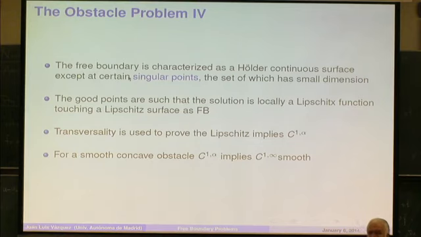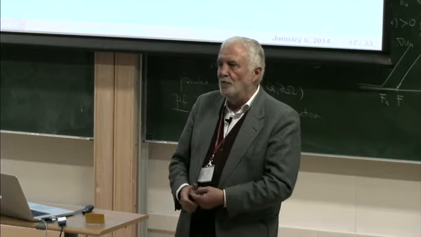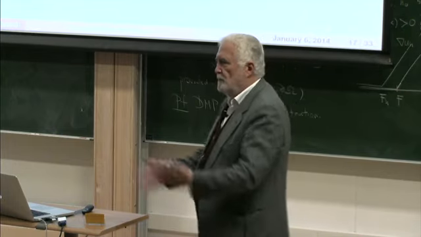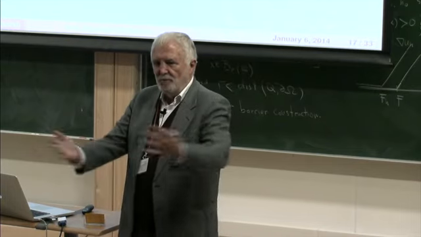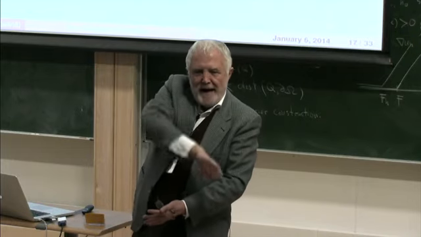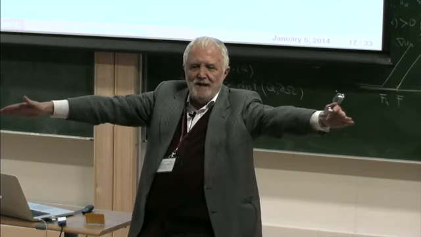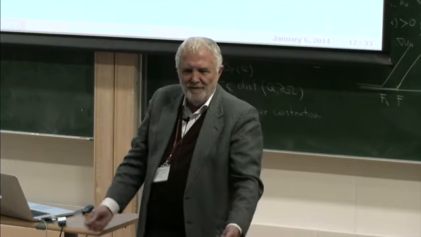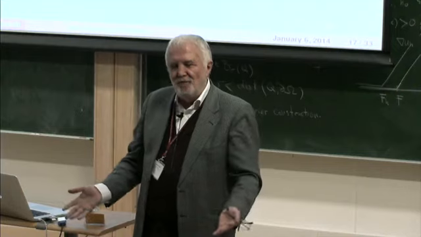And then the free boundary: once you know that there is a solution, you have to characterize the free boundary, and you have to prove that the free boundary is a nice surface, which is not true in general. And this is where the mathematicians are very good. You want to prove that it's a nice surface. So you put assumptions, like the obstacle is very concave, and the solution satisfies the Laplacian equals f, and f is very good. And then, of course, there is a beautiful free boundary.